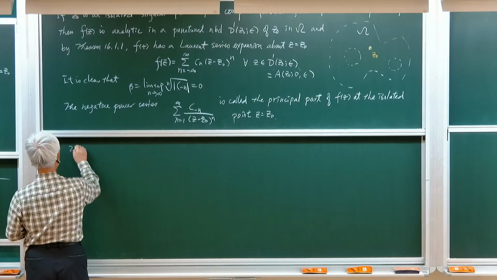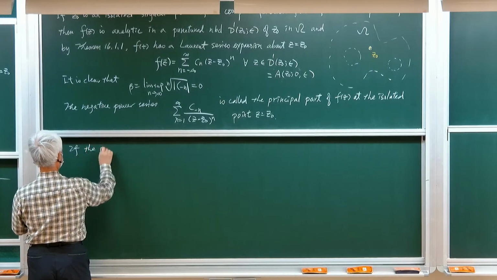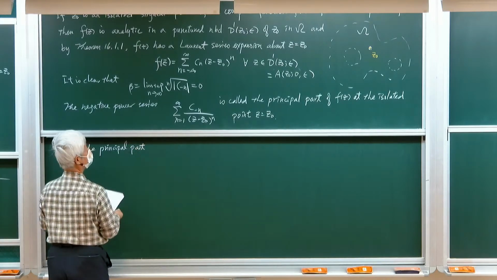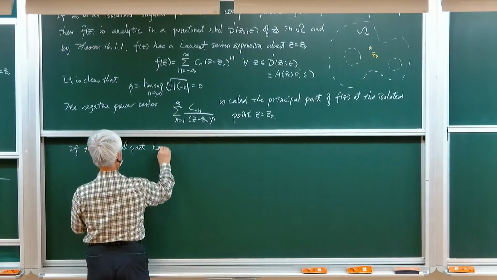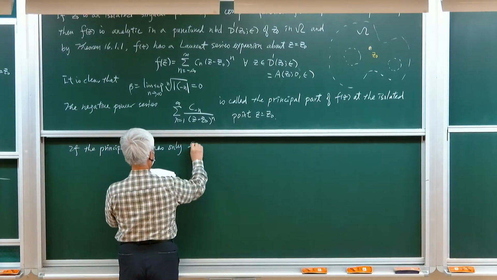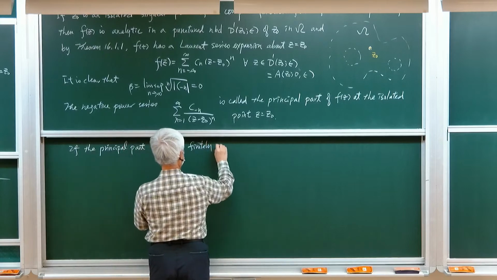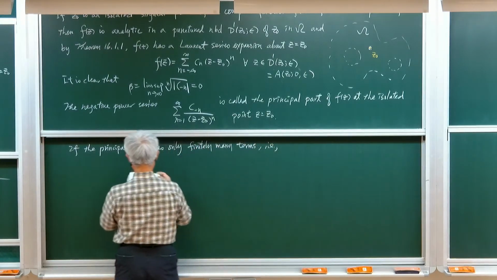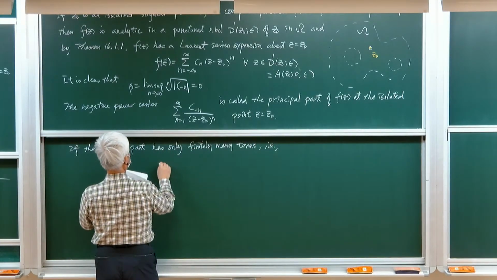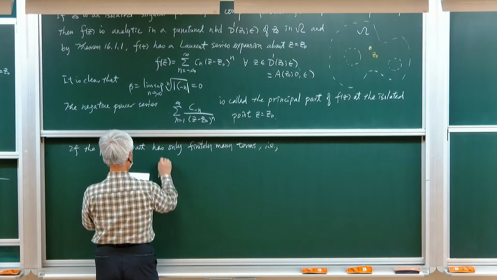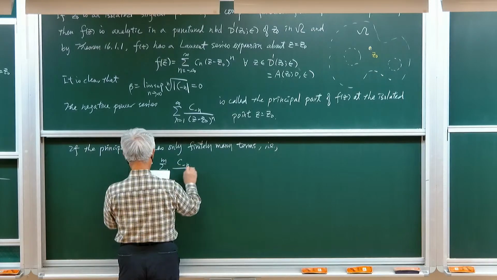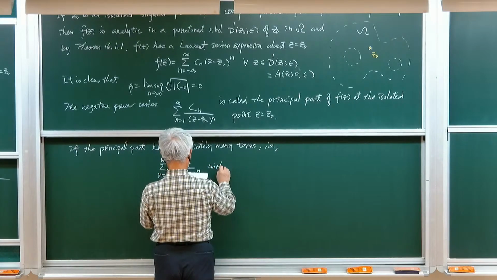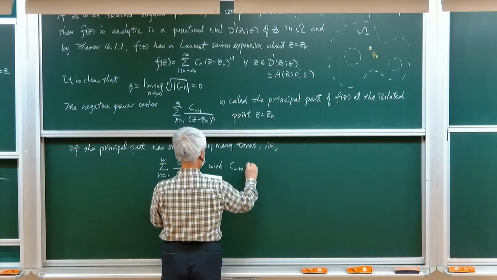Now, a special case is that if the principal part has only finitely many terms, i.e. the principal part is this one, c minus m not equal to 0.